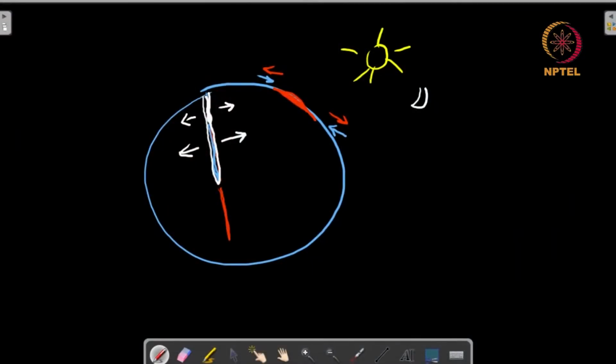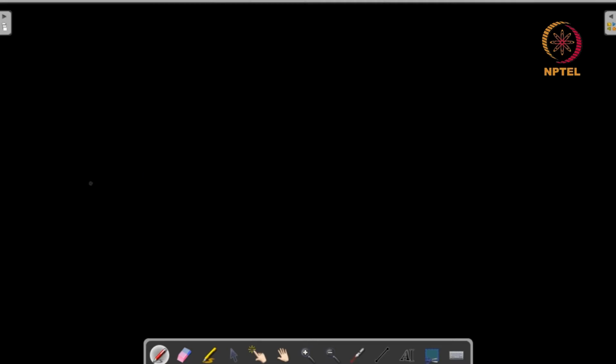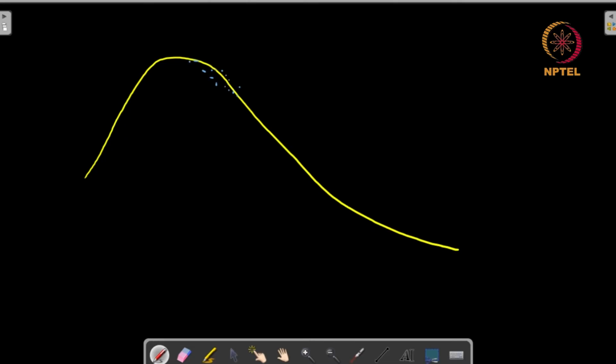So for instance, if we have a hilly area and there is a lot of weathering that is happening in this area, where would these fragments go? So it turns out that these fragments will move down because of gravity and they will get accumulated here.